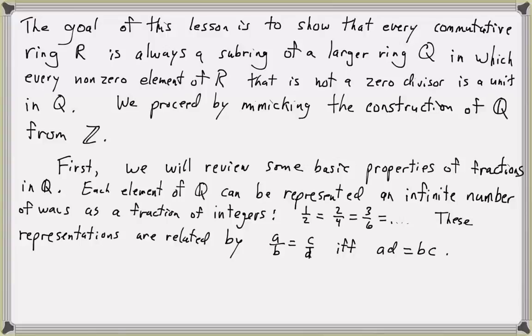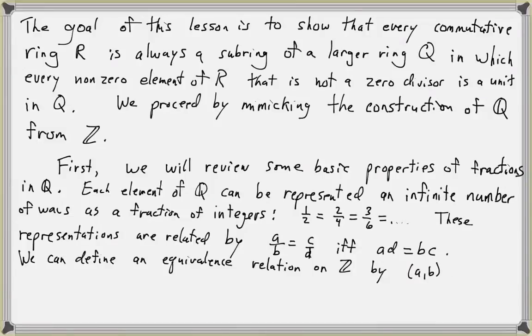We can define an equivalence relation on the integers by saying that the ordered pair (A, B) is related to the ordered pair (C, D) if and only if AD equals BC.